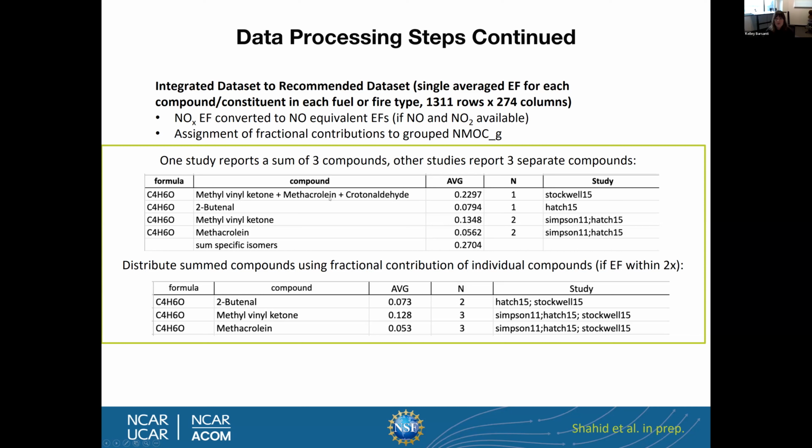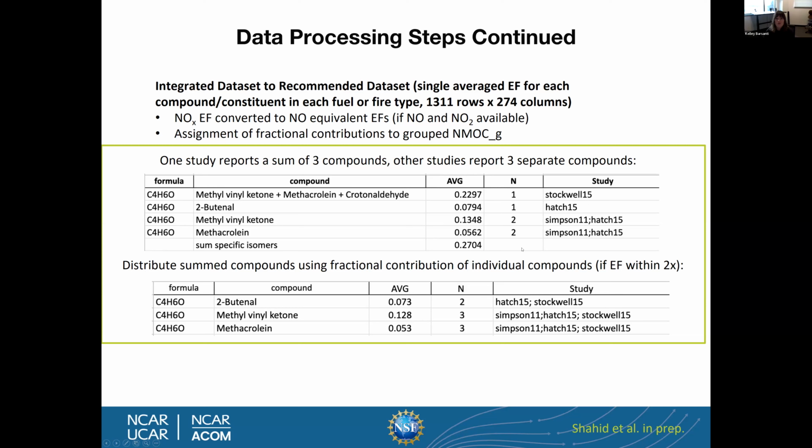So we have this situation now where we actually have an individual measure of butanol or crotonaldehyde from another publication, and we have measurements of these two compounds from these two publications. Again, this would be, of course, in a single fire type.